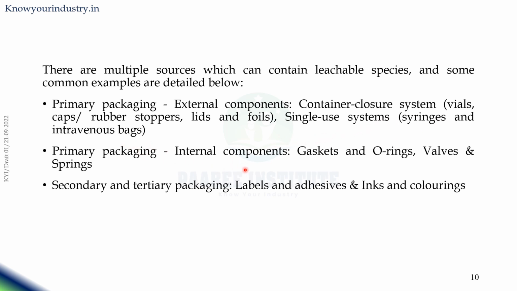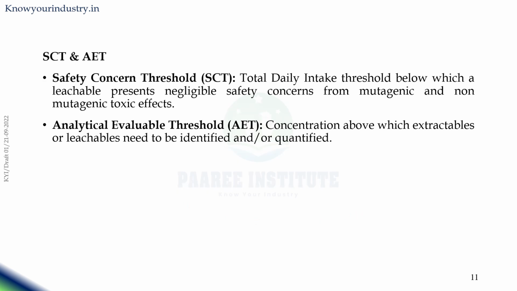And the internal components like gaskets, O-rings, valves, springs, etc. And sometimes the secondary and tertiary packaging, including the labels and adhesives and inks, also can provide these impurities and colorings. So these inks and adhesives can migrate into the product through the plastic materials. It is a general possibility in the ophthalmic products.